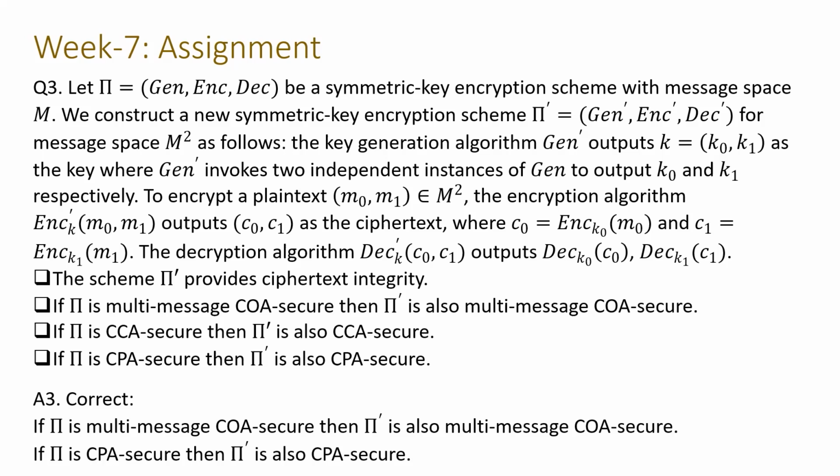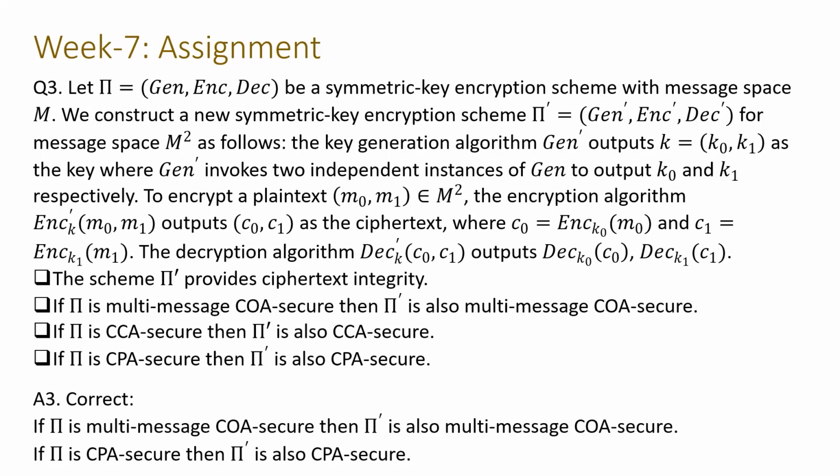So in the multi-message COA security case, in the public communication channel there will be a set of ciphertext available to the adversary, which it can see at once. You can say of the form C10, C11, which is the first ciphertext, then C20, C21, second ciphertext, C30, C31, third ciphertext, and so on.